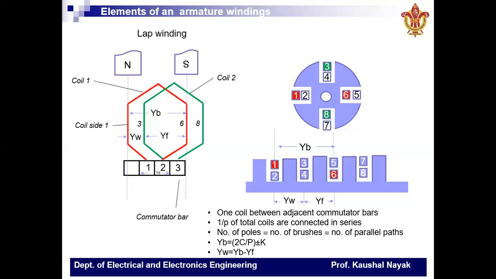From these given quantities, the back pitch can be calculated as twice the number of coils divided by the total number of poles, plus or minus a constant which is added or subtracted to make this number an odd number. Also note that the number of poles also defines the total number of brushes and the number of parallel paths that will be formed in lap winding.